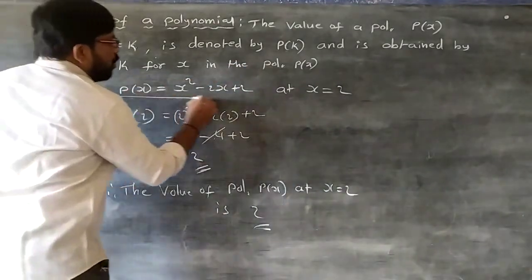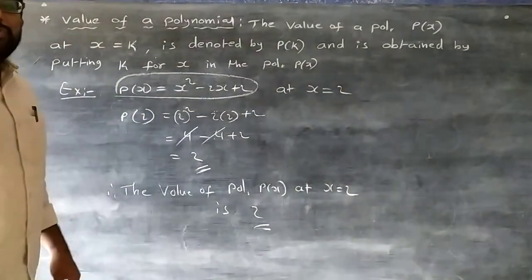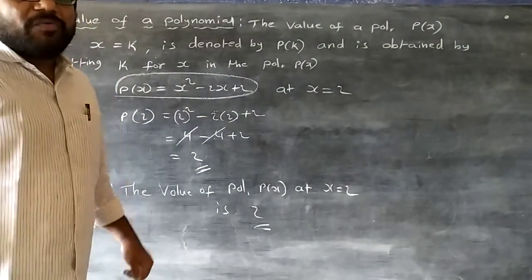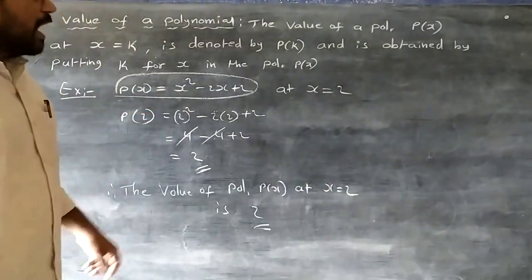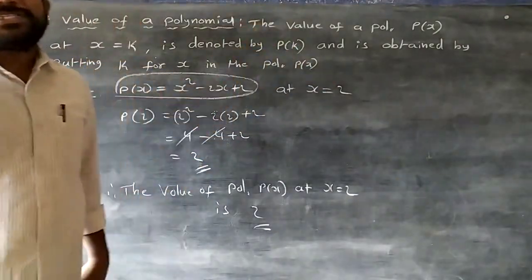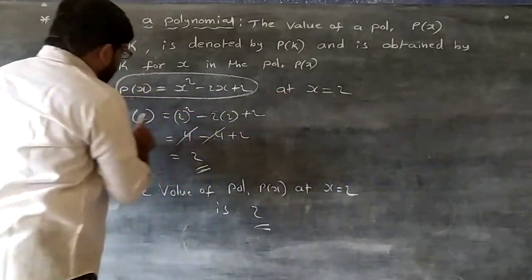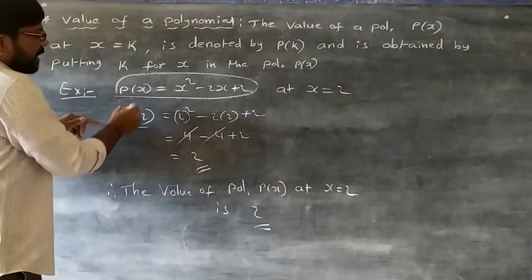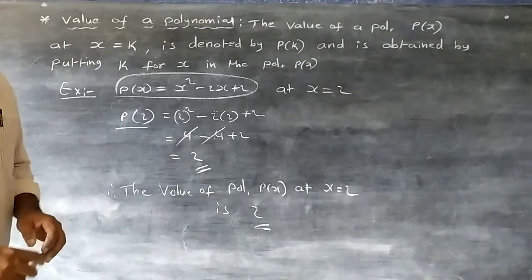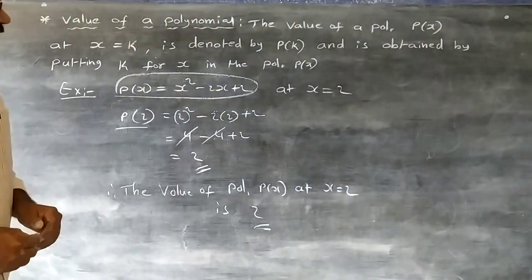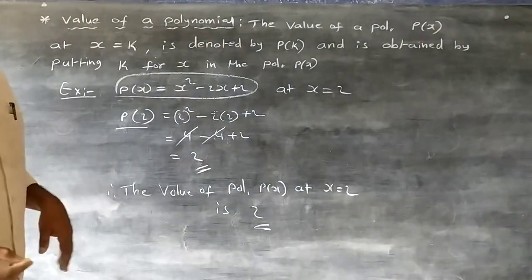When given a polynomial, we can find its value at x equal to any constant. So here, the value at x equal to 2 is p of 2.